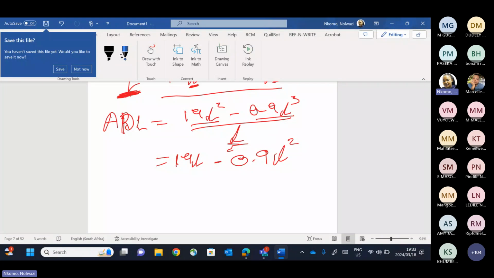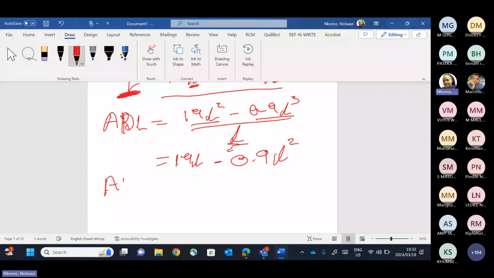We were asked to find the average production of labor if we hire one more worker.